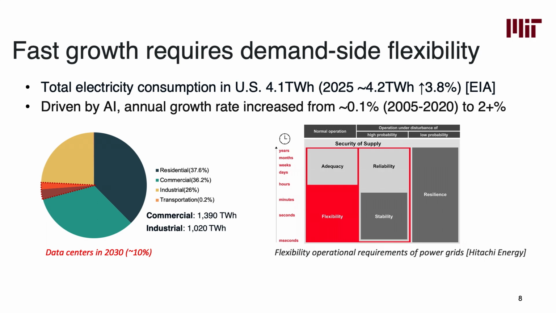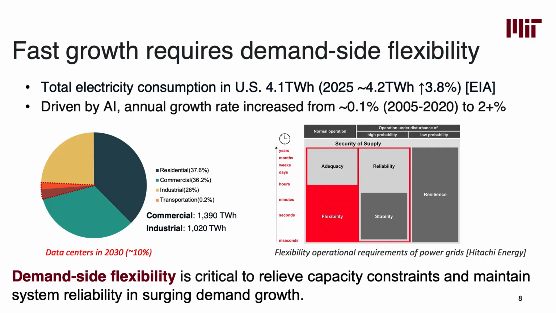And the second thing is why flexible operations from the demand side is so important. It's not just about energy adequacy, which is what traditional demand response is about. This flexibility is also quite important for stability and grid reliability. Although that's not quite intuitive, we already saw in the past slides those fast oscillations and the grid balances.